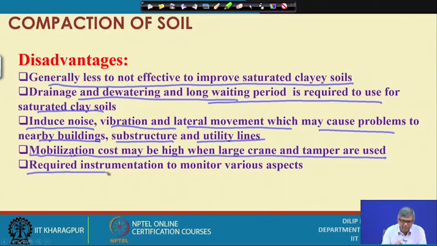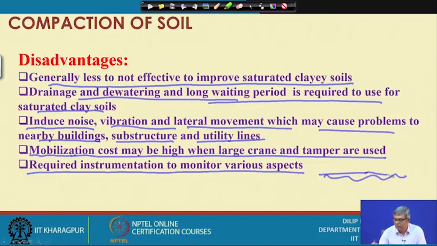And also instrumentation is required to monitor various aspects. That means instrumentation obviously required. And also another disadvantage which is not mentioned here, that the entire improvement work cannot be done by deep dynamic compaction, because when you do deep dynamic compaction, it is improved at a greater depth, but the surface soil will be highly disturbed.